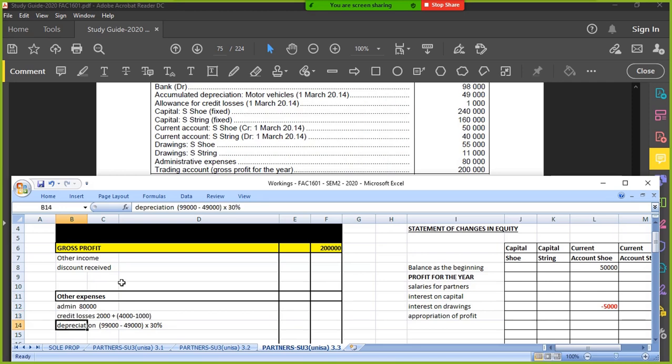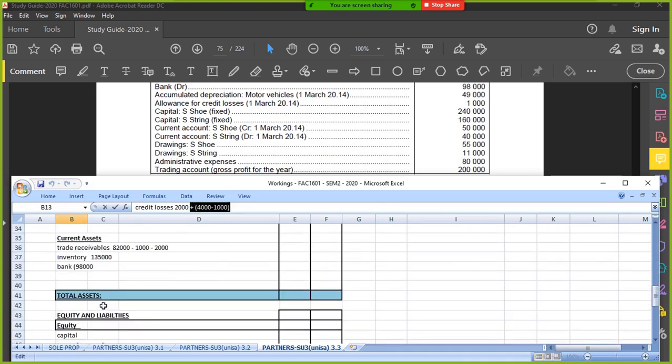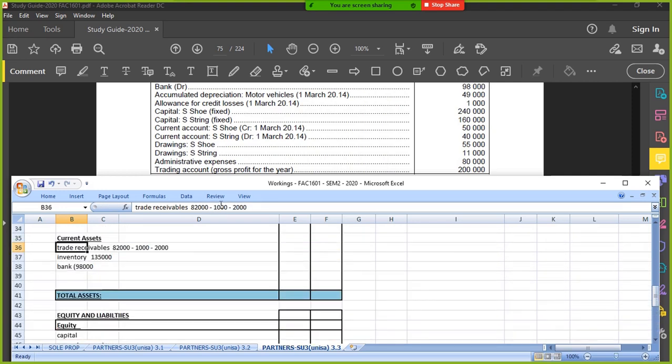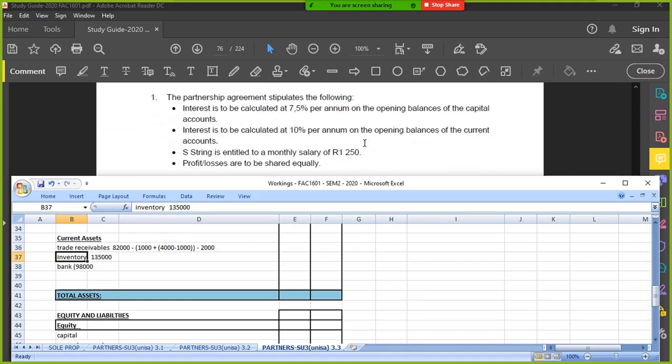Good. And then allowance for credit losses is going to increase, so I would add that by 3,000. Correct. Okay, the allowance is 1, hey? Yes. So we need to show this in brackets. Okay, great. And now back to the partnership.